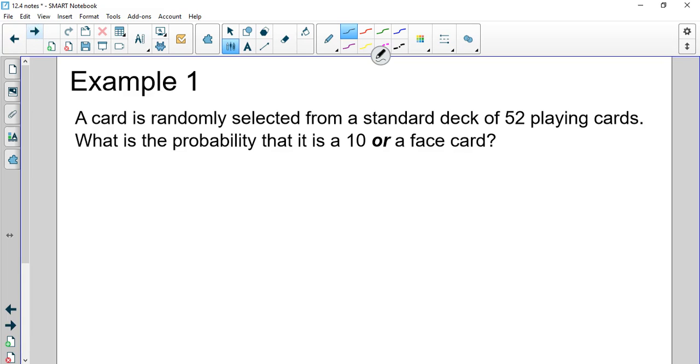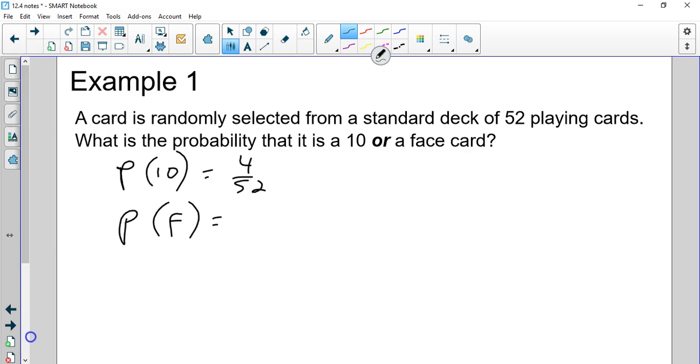Okay, a card is randomly selected from a standard deck. What's the probability that it is a 10 or a face card? Now, the probability of a 10, there's 4 of them out of 52. And the probability of a face card is, there's 4 kings, 4 queens, and 4 jacks. That's 12 out of 52.